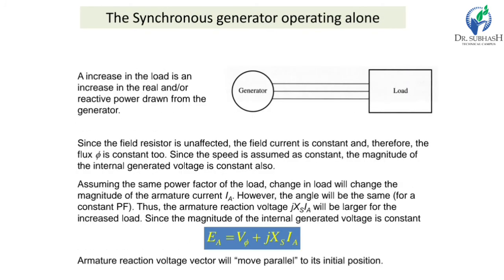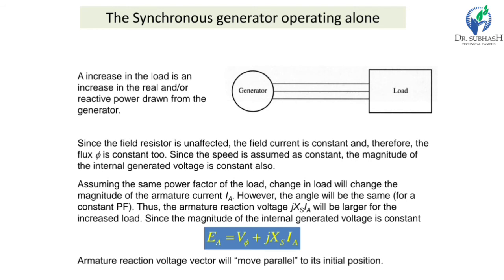If we increase the connected load, then there will automatically be an increment in the active power P or reactive power Q of the generator. The increment of the load also increases the value of the current used by the load, called the load current IL. The field winding resistance is not varied, so the field current also has the same value.